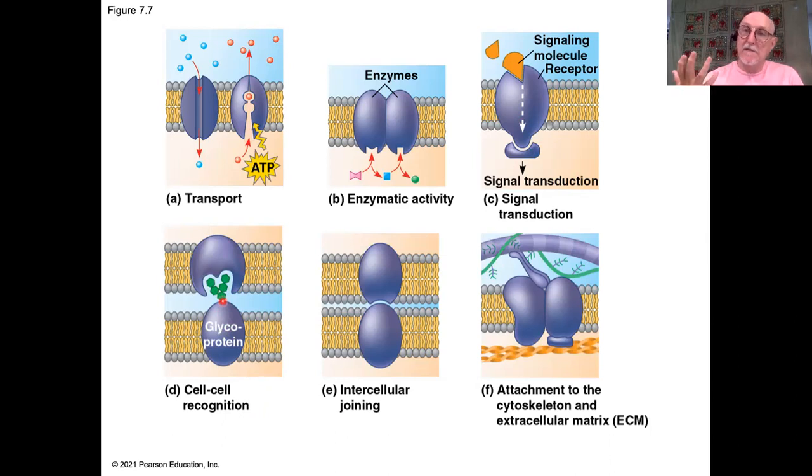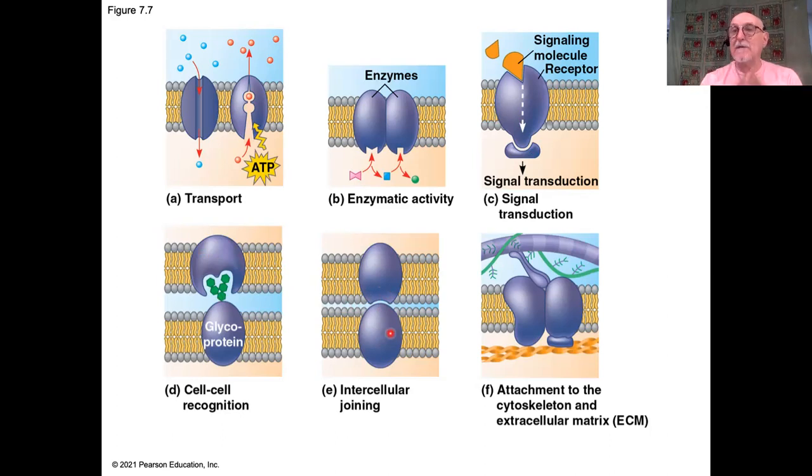And specific cells have specific glycoproteins that are present. Those glycoproteins can be recognized by other cells. And that will induce these cells to do something. For example, it may end up with the cells joining. Other joining proteins are used to actually tie the cells together.